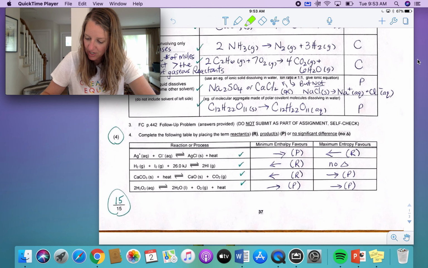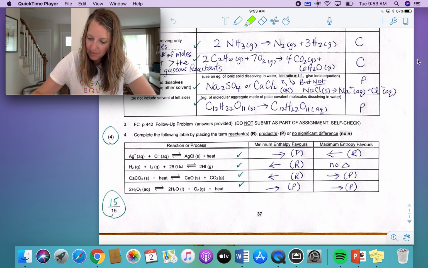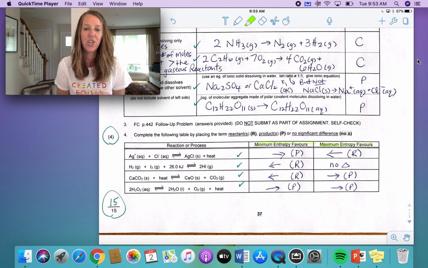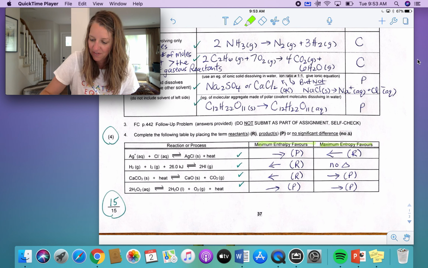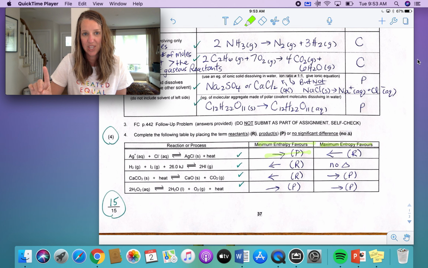So let's look at question number 4. If you have a system here that has minimum enthalpy, maximum entropy, which way are they favored? Minimum enthalpy favors the exothermic direction, so it favors the products, towards the right.